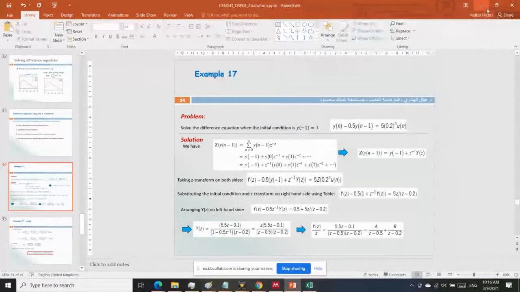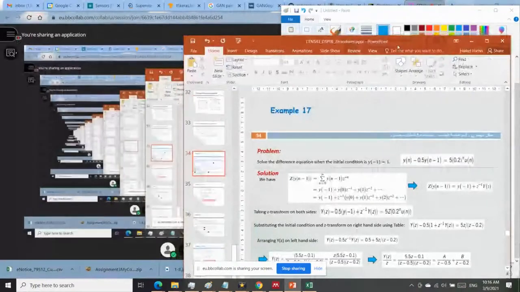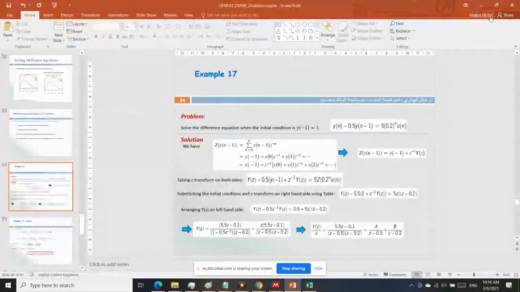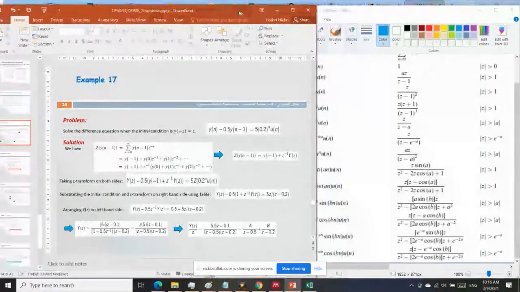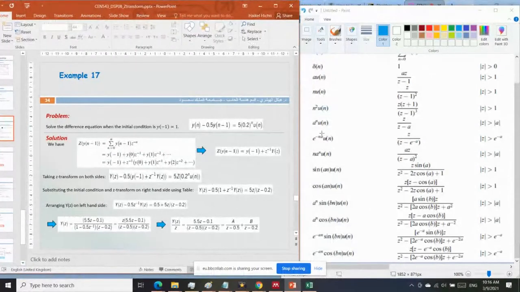what do we want exactly now? We want 0.2 to the power of n u[n]. Which one applies? Looks like this one, where a is 0.2.